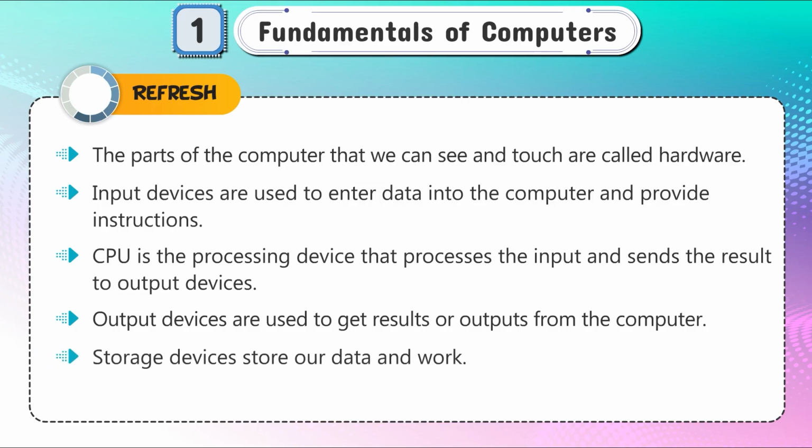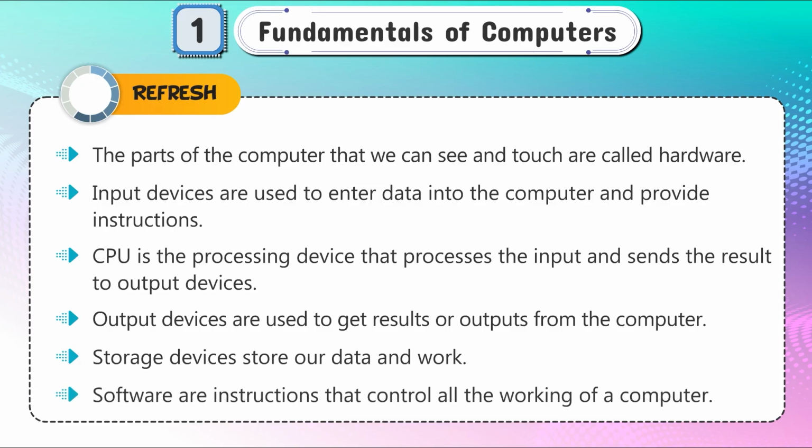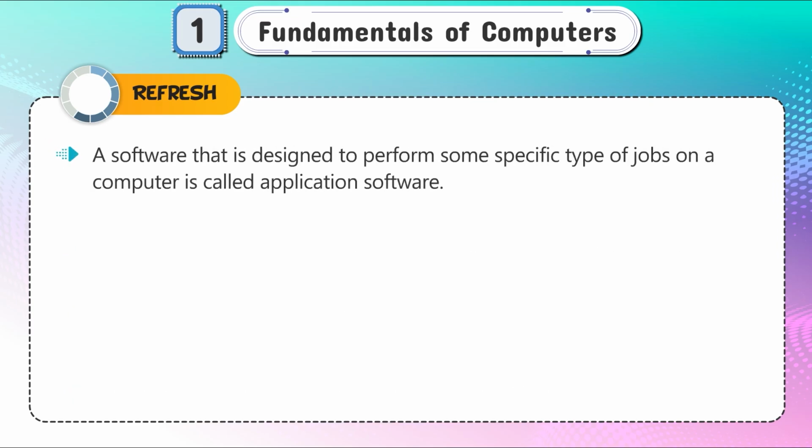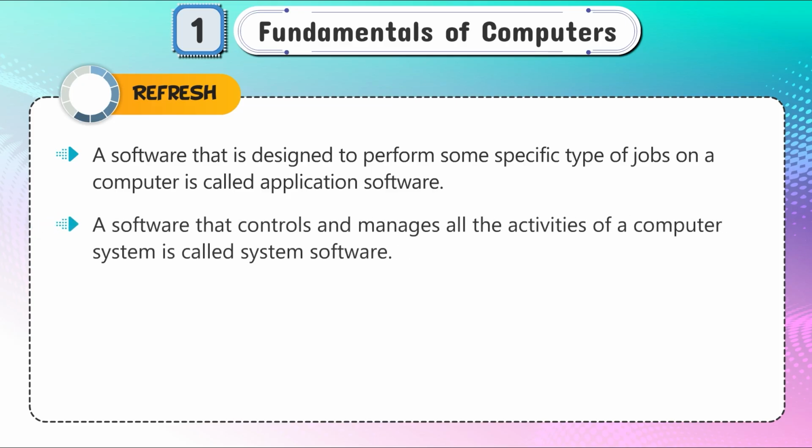Storage devices store our data and work. Software are instructions that control all the working of a computer. A software that is designed to perform some specific type of jobs on a computer is called application software. A software that controls and manages all the activities of a computer system is called system software.